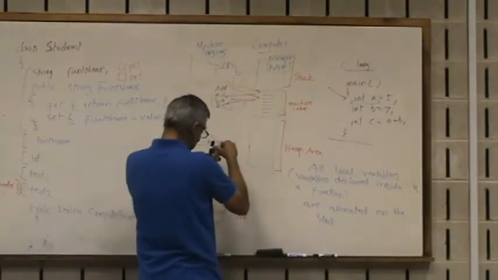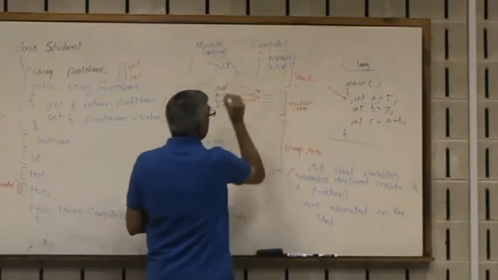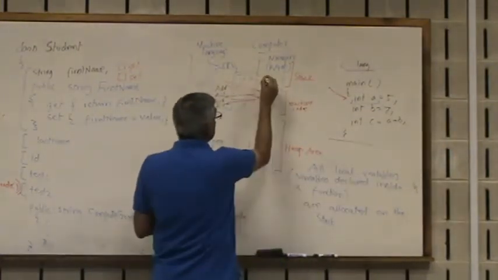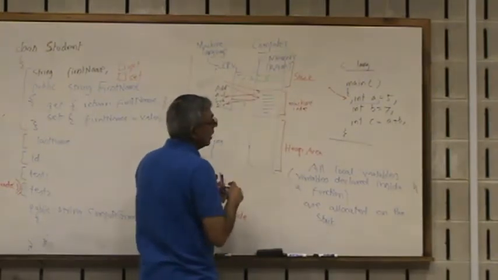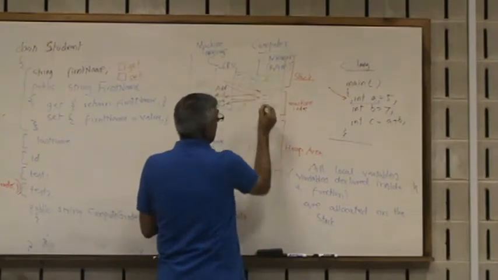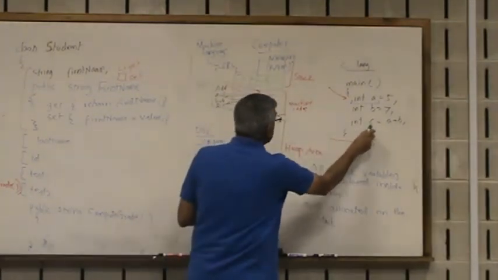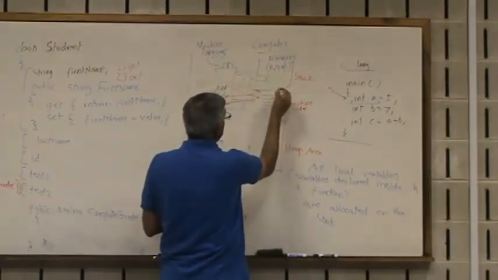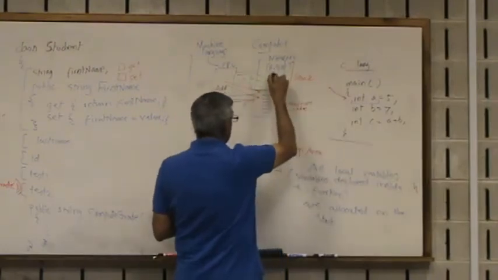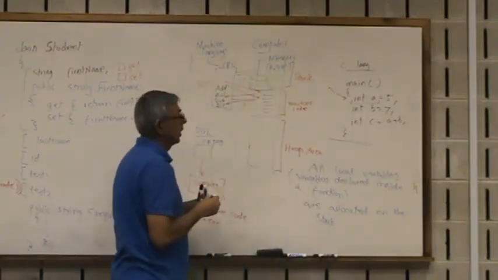So it will allocate some memory over here for variable A. Then A equal to 5, it will store 5 over here. Then int B equal to 7, it will allocate memory for B. B equal to 7, store it. Int C, it will allocate memory for C. C equal to A plus B, so it will go to wherever A and B were stored, and store 12 over here.